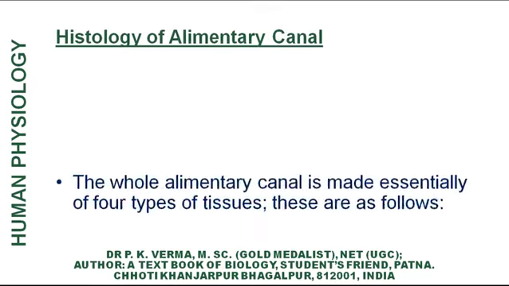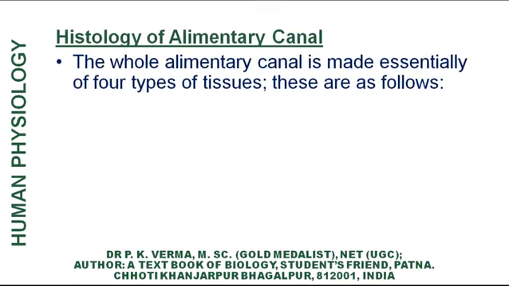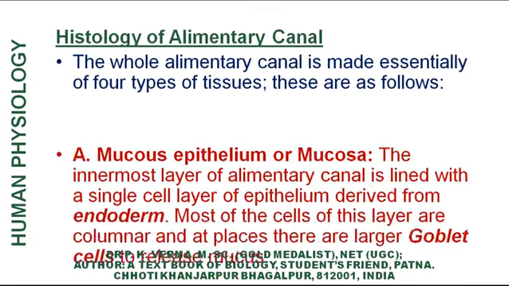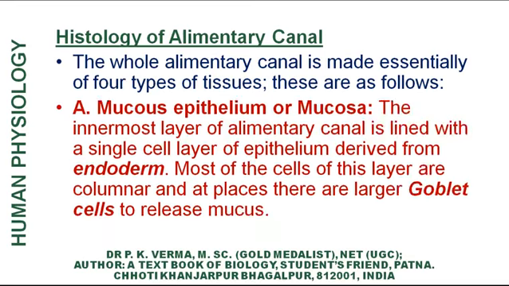Now let us study the fine structure, that is, the histology of the alimentary canal. The whole alimentary canal is made essentially of 4 types of tissues. These are mucosa, submucosa, muscularis, and serosa. The first one is the mucous epithelium, or mucosa.